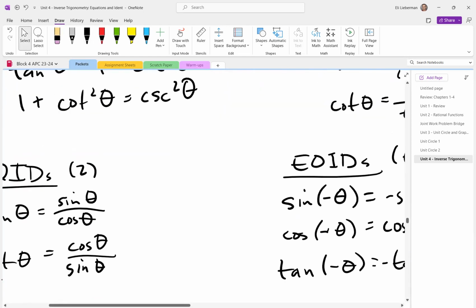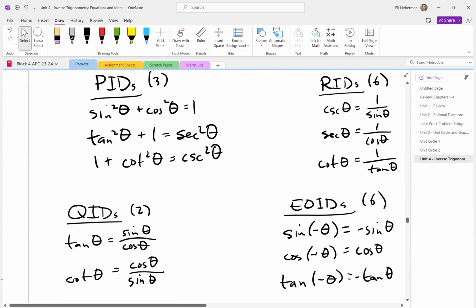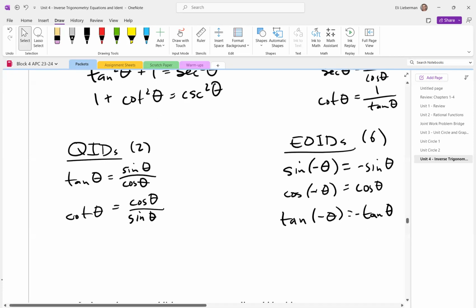Do you see it in our list up here? Do you see 1 minus sine squared theta? That's the oh. It's like a function thing. There's also the cosine and theta.